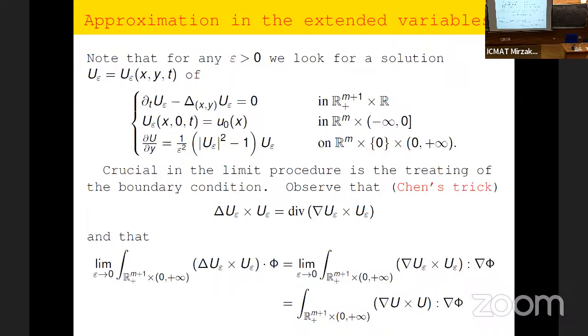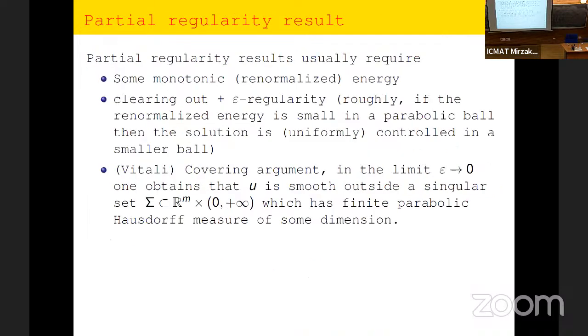Now you want to prove some higher regularity, maybe a partial regularity result. Okay, so what is the strategy that one usually puts in practice in this field? The very first step is to identify some monotonic energy. You need some monotonicity formula for some energy, usually some renormalized energy, maybe the real energy multiplied by some other function.